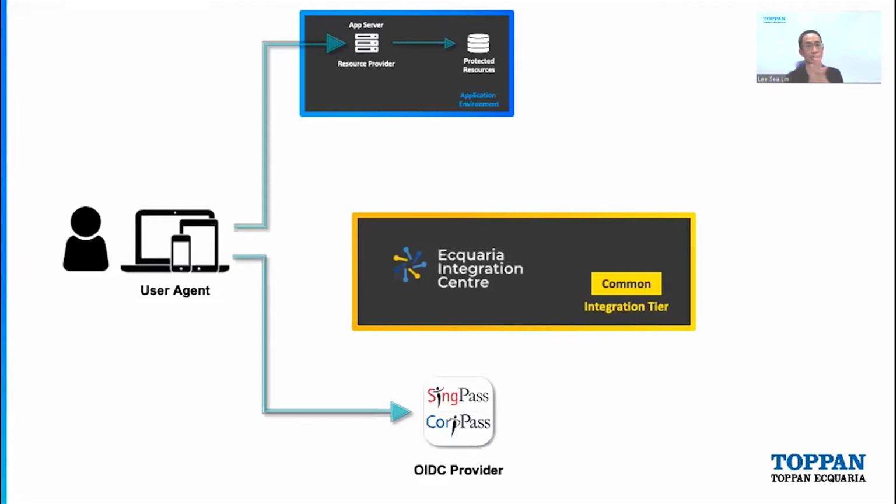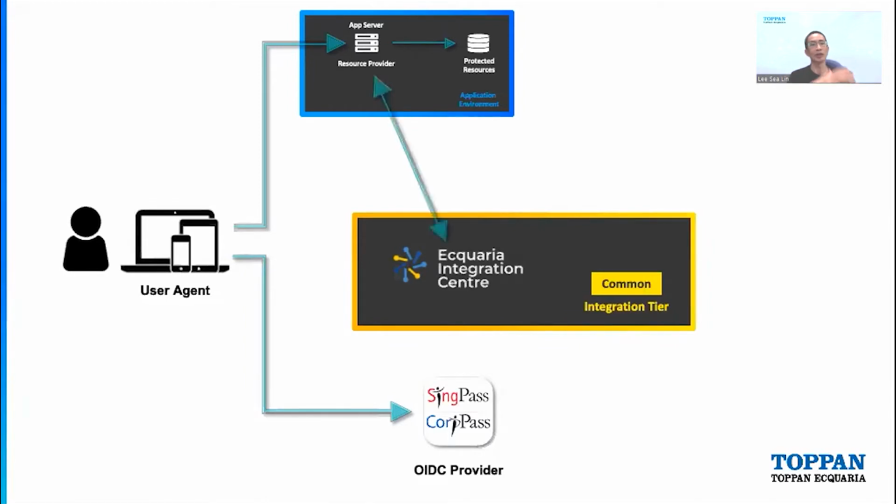You have the user agent, you have the application, you have SingPass, and of course we have EIC as the relying party. For a common service, typically what we want to do is to install this EIC in a common integration tier, so that all the different applications can access this common EIC.